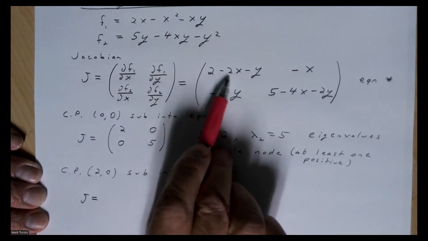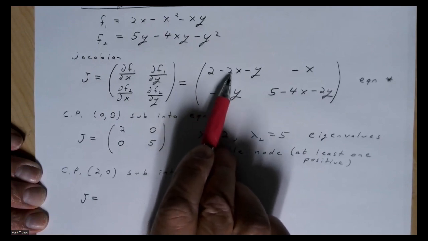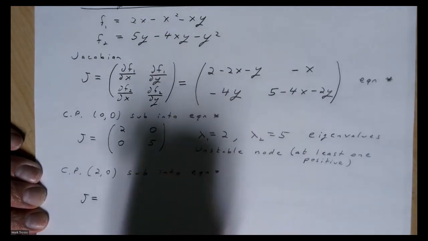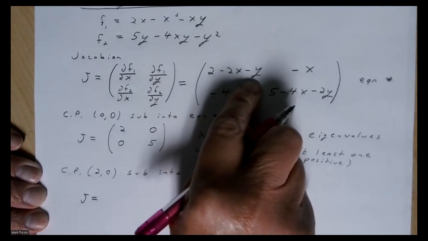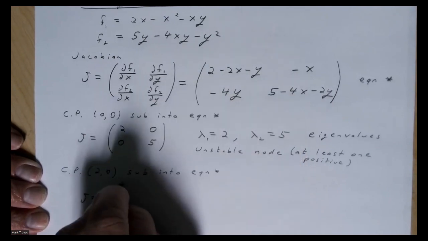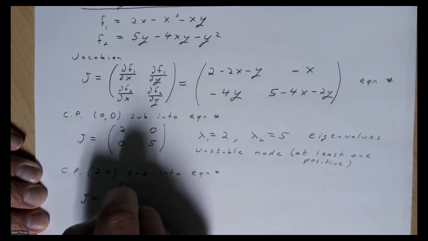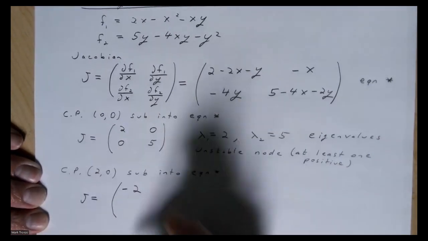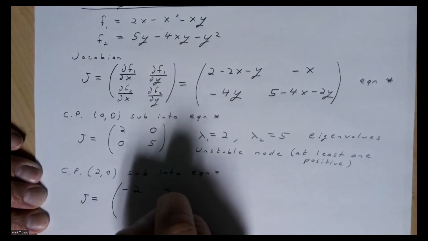This is going to give us 2 minus 4 minus 0, which is minus 2. Then if we put 2 over here, that's going to give us minus 2.